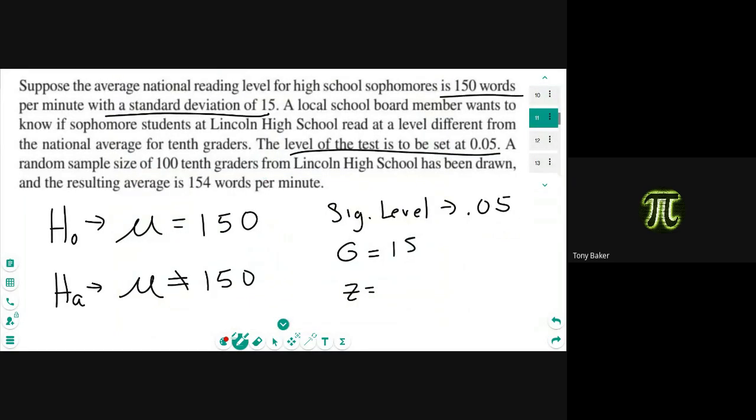So it was 154 minus 150, because that was the mean. Is that the national average reading? Yeah, that's the same one. Then the standard deviation was 15. So 15 divided by the square root of 100, and that's how we got the 2.67.